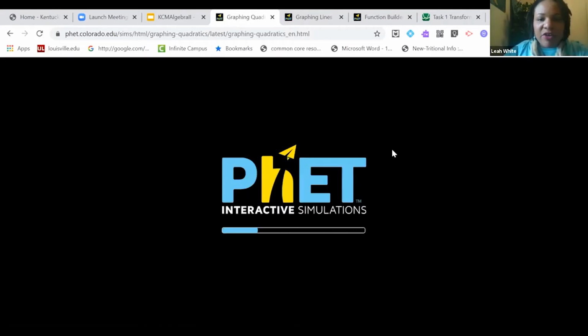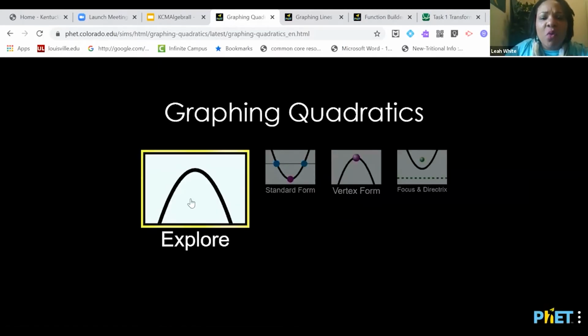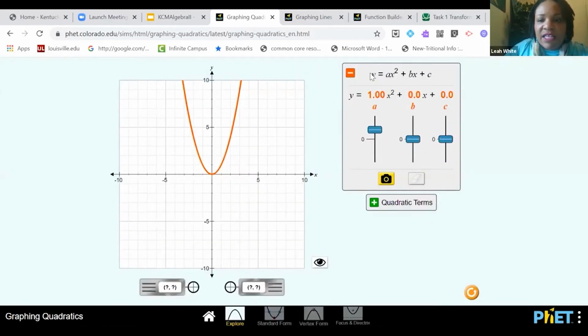And so here is the quadratics simulation. Same. So here's in standard form. And of course, the basic form here is y equals x squared with a=1, b=0, c=0. And then you can ask kids, what happens when I change the b value?